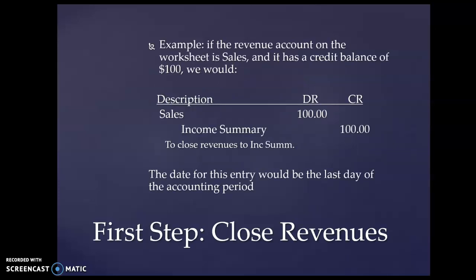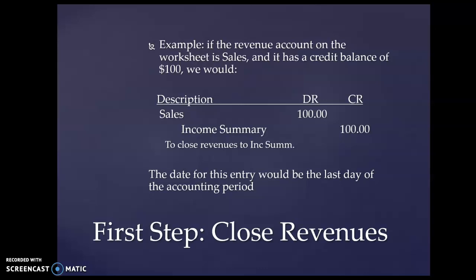Here again is the example. If the revenue account is sales and it has a credit balance of $100, we would need to debit the revenue account. So we're going to debit sales for the $100. Once I post that, sales will be zero. And I'm going to do the opposite to income summary.